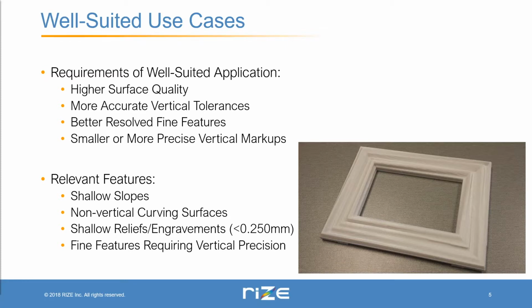So in a lot of cases, having a higher surface quality is nice, but depending on how much higher you need it, you may not in fact need fine resolution, and it can often be better to stick with standard resolution to avoid the challenges posed by fine resolution if you don't really need a significantly higher improvement.